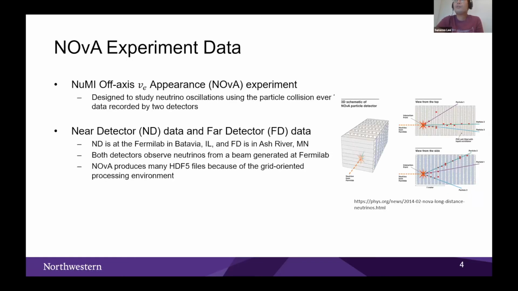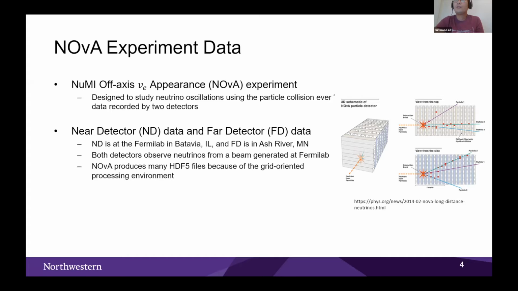The NOVA experiment is a NuMI off-axis electron neutrino appearance experiment. We have two detectors, one is the near detector and the other is the far detector. This data is generated at Fermilab in Illinois, where the near detector is, and the far detector is in Minnesota.